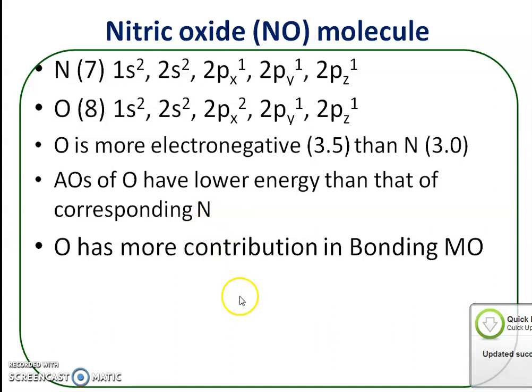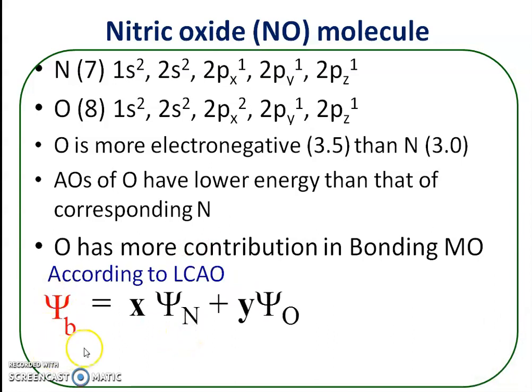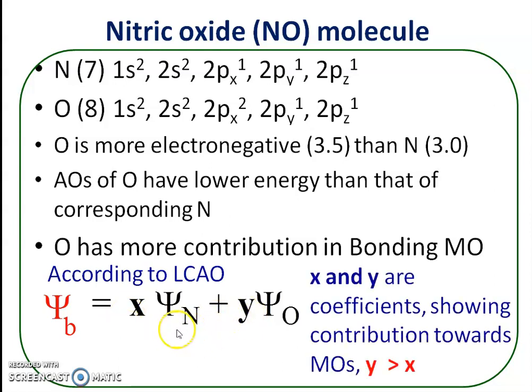And this can be known by the LCAO principle. According to the linear combination of atomic orbitals, psi b, that is the wave function for the bonding molecular orbital, is equal to x psi n plus y psi o, where x and y are the coefficients showing the contribution towards molecular orbitals, and y is greater than x.